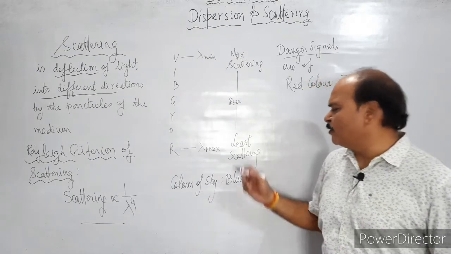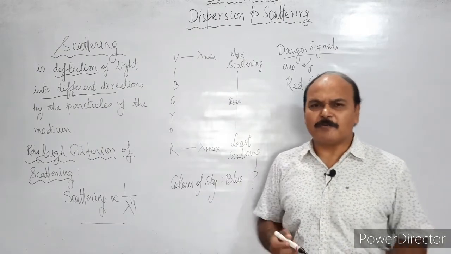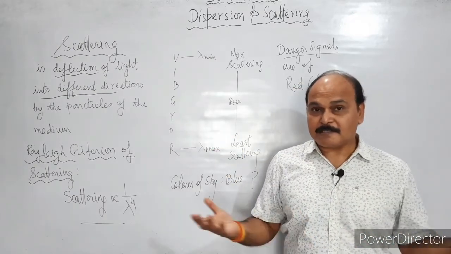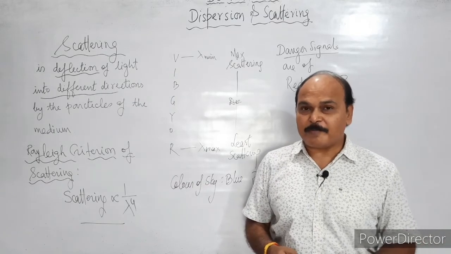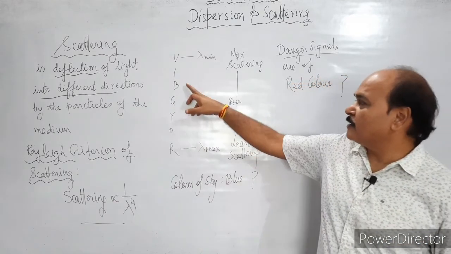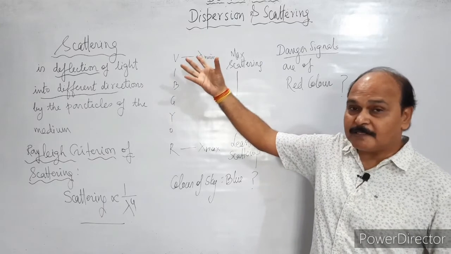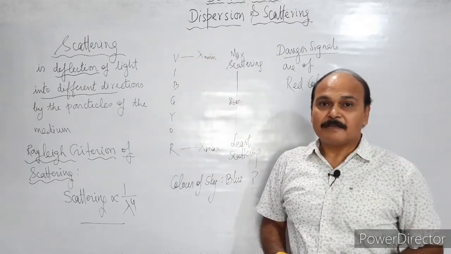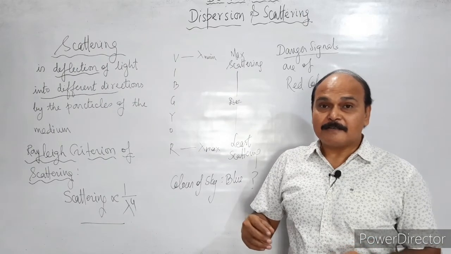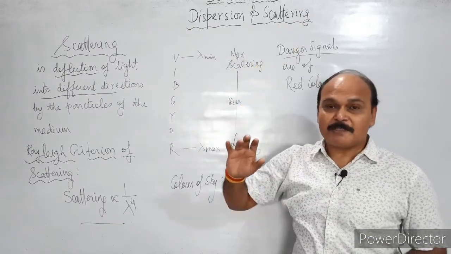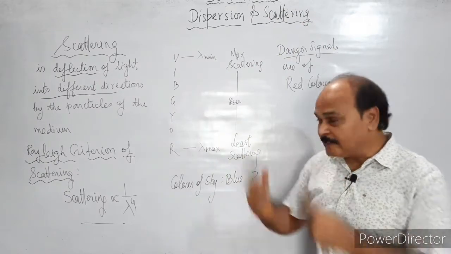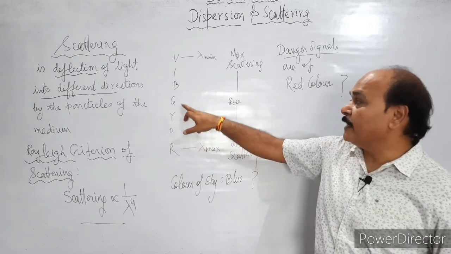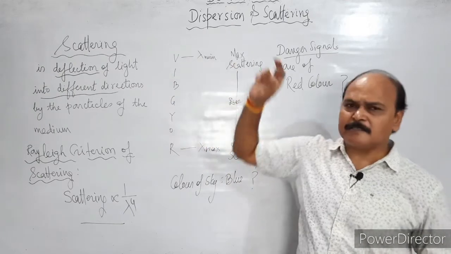Why is the color of the sky blue? As the sunlight enters our atmosphere, what happens? Violet, indigo and blue colors, which have shorter wavelengths, are scattered right in the atmosphere. Since they are scattered above the Earth's surface, the light which reaches us has more of red, orange, yellow, green and less of these colors.